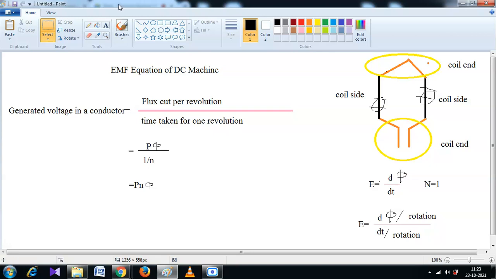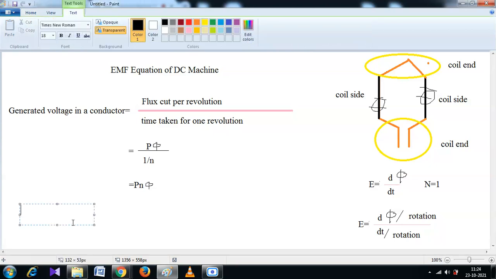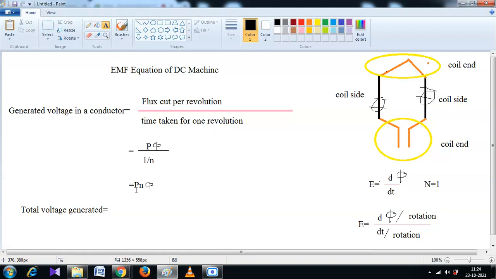And now tell me, what is the total voltage? Suppose I have a battery of 2 volts.